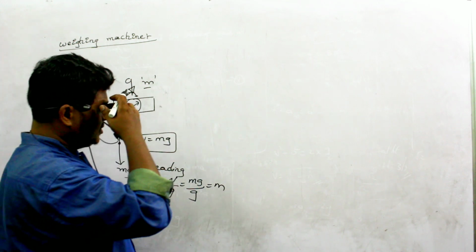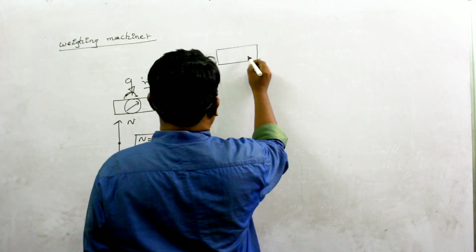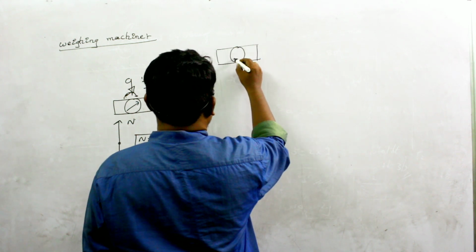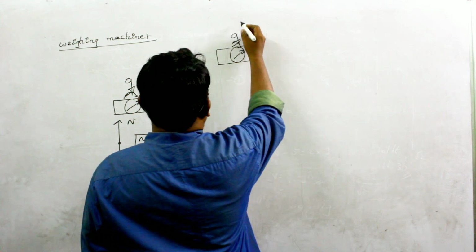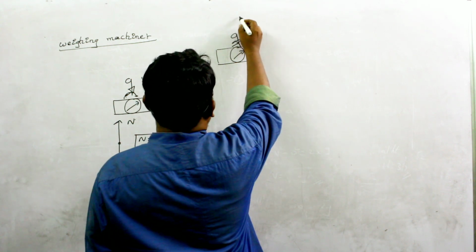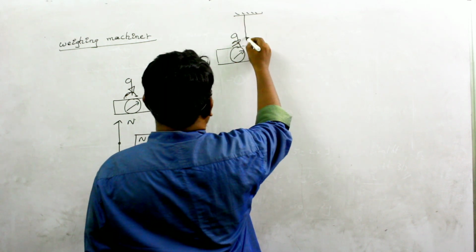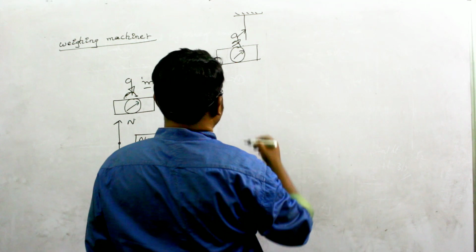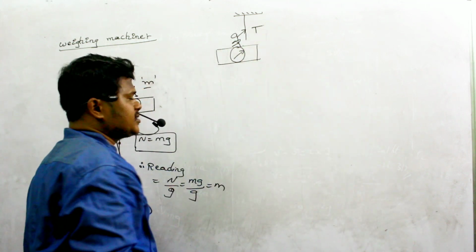Now let us see one more condition here. For example, this is a weighing machine. A person is standing here. He is not just standing simply, he is holding a string like this. And the string is developing a tension of T in this condition.